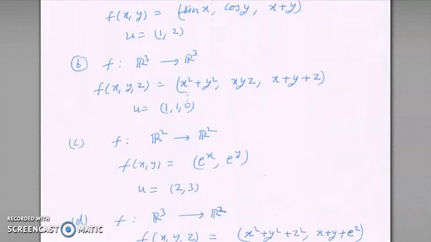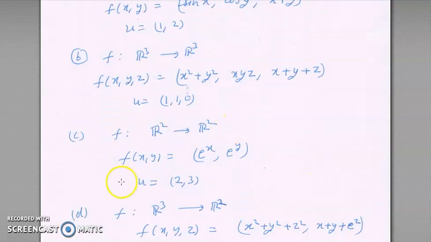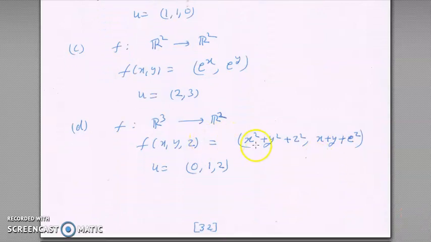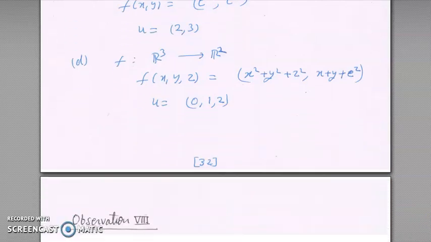Third is f from R2 to R2, f(x, y) is equal to (e to the power x, e to the power y), and u is equal to (2, 3). And fourth is f from R3 to R2, f(x, y, z) is equal to (x square plus y square plus z square, x plus y plus e to the power z), and u is equal to (0, 1, 2). Please solve these four questions.